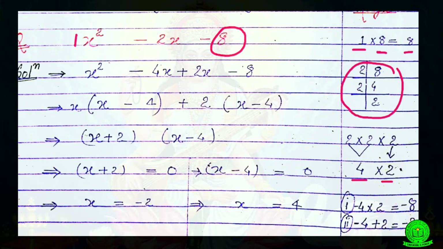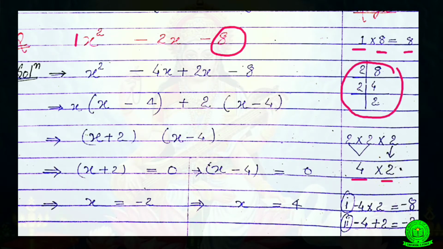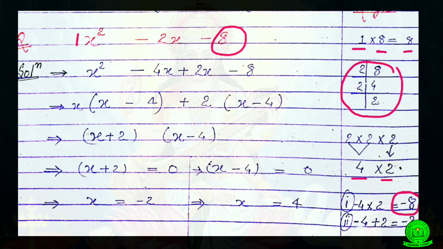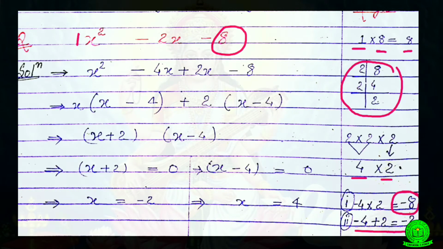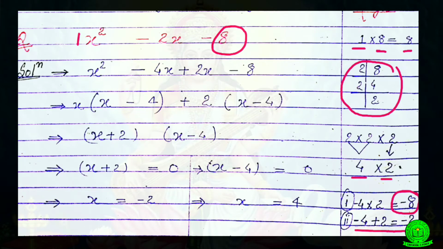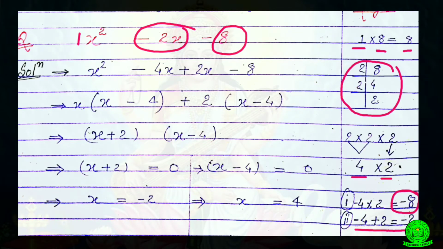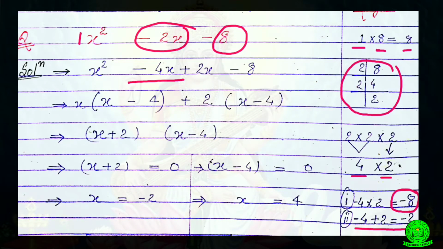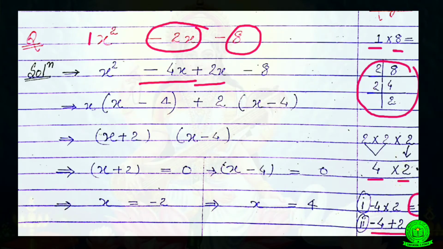That means if you multiply 4 into 2, then you will get minus 8. If you add or subtract minus 4 and 2, then you will get minus 2. That is the midterm. So I have split it into minus 4x and plus 2x. I have taken the common from here, x, and here 2.